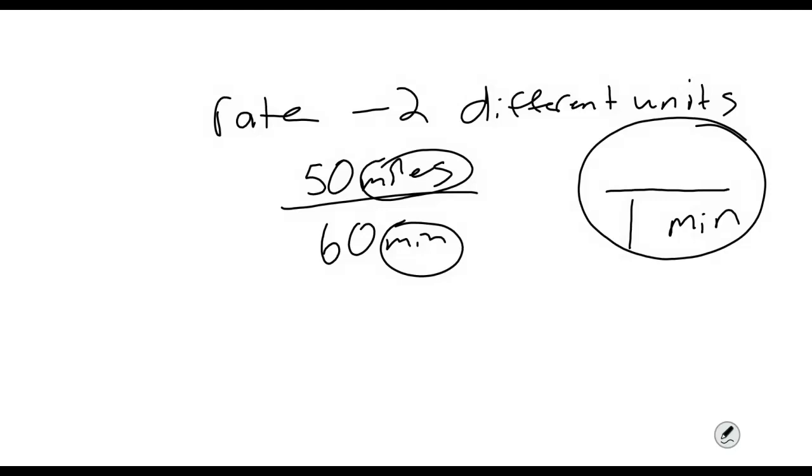So how do we get from rate, this is called your rate, to the unit rate? Megan? 60 divided by 1. Not 60 divided by 1. How do we get from 60 to 1?